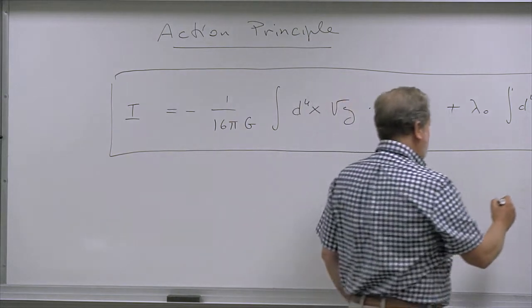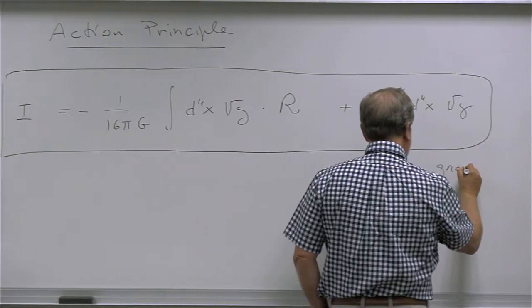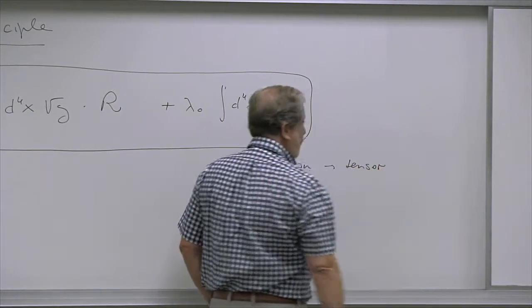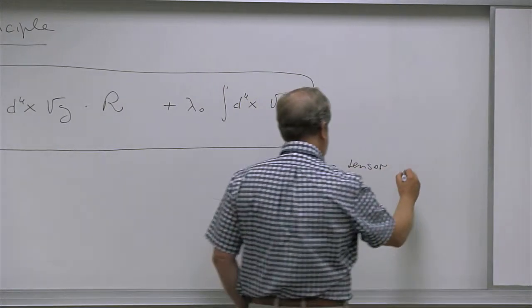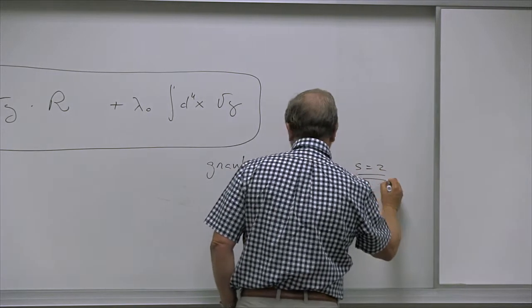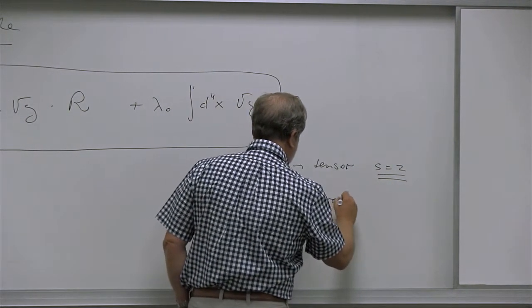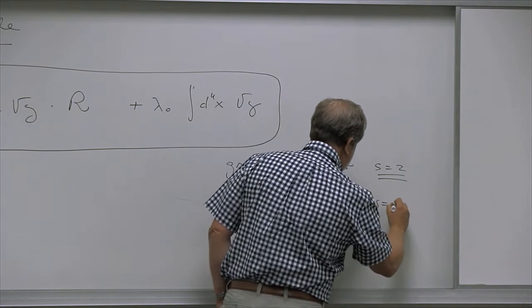So the graviton is spin 2, a traceless symmetric tensor, which has s equal 2. And so we have the photon, which is a 4-vector, and that has spin 1.